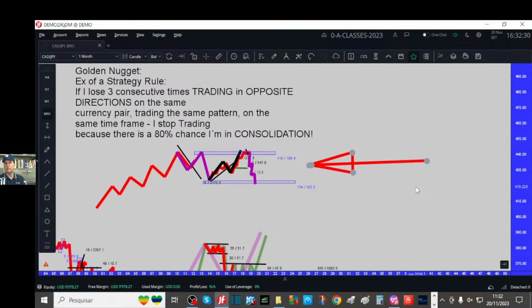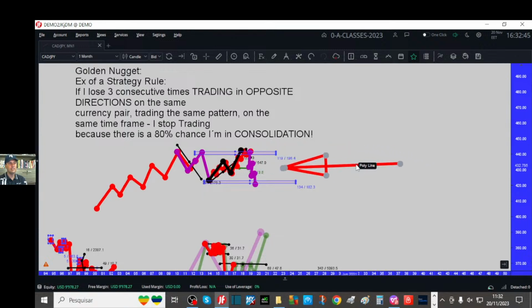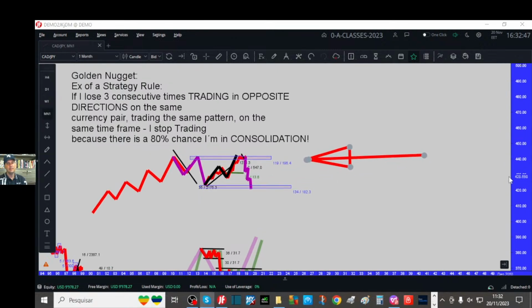Do you understand why now, professional money managers, we are risking 0.5% per trade, not 2% per trade? When consolidation comes, if you are risking, boss, what about 1%?